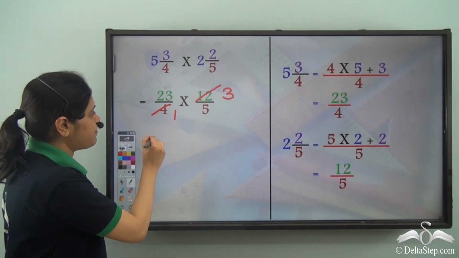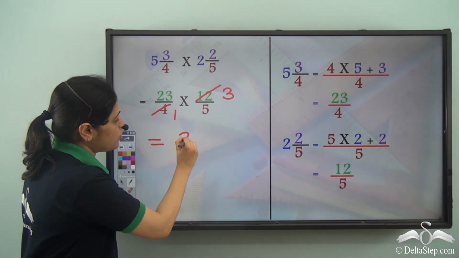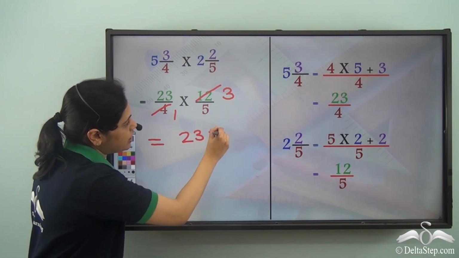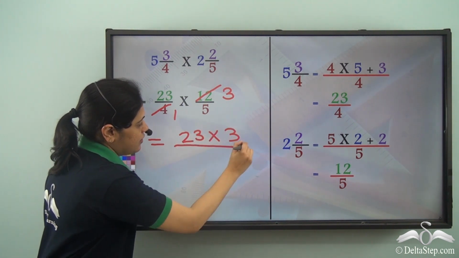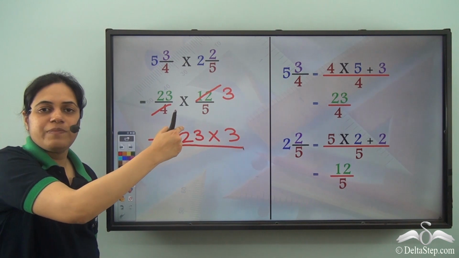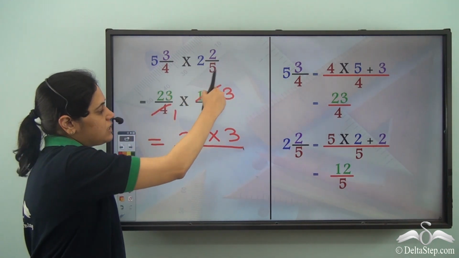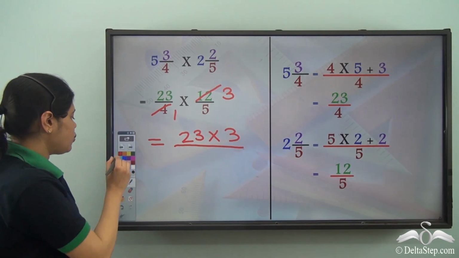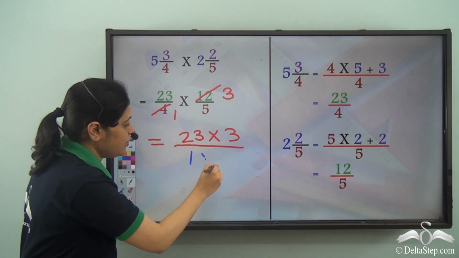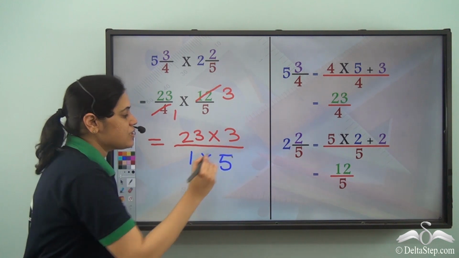Now I multiply the numerators. So now my numerators are 23 and 3, not 23 and 12, because I've already cancelled out 12 and 4. So 23 and 3, and the denominators are 1 and 5.